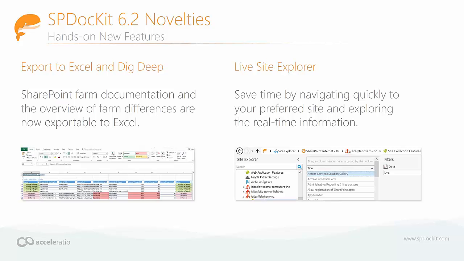Now you can export farm documentation and the overview of farm differences to Excel, and you can use its filtering options to dig deep and to really find the data that is most important to you. Except that, now you have the option to navigate quickly to your preferred site and explore the real-time live information in Live Site Explorer.